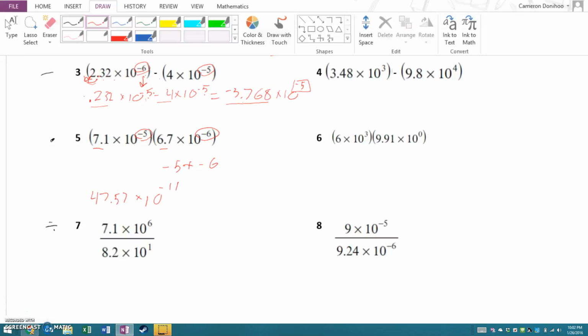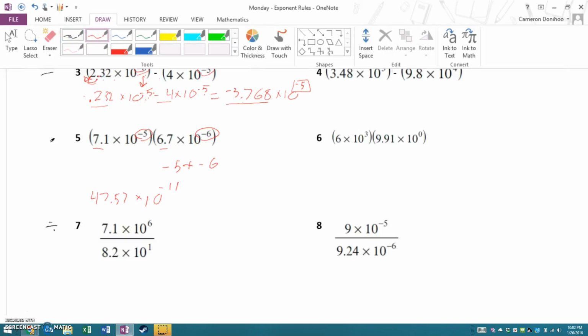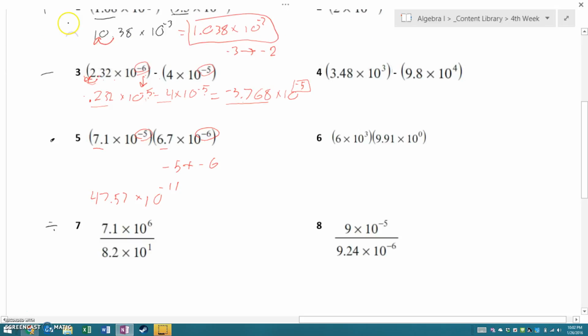Now, again, whenever you're dealing with this, STAR is going to want you to look at this as one number, then the decimals after that. So this would be move the decimal to make the number smaller. So that would be 4.757. So 47 is bigger than 4.7. So I made the number smaller, which means that over here, I'll be able to go from negative 11 up to negative 10.